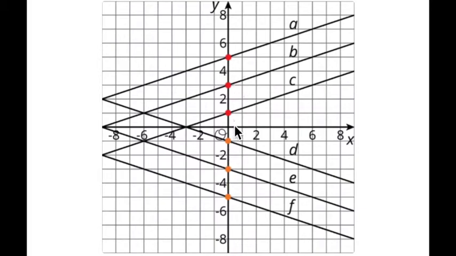The y-intercept is written as no change in the x-axis, so it's 0 for the x-coordinate, and then it's how much of a change there is along the y-axis. So this point right here is labeled 0, 5. So it's 0 along the x-axis, and it's a positive 5 units. This is 0, 3. This is 0, 1.